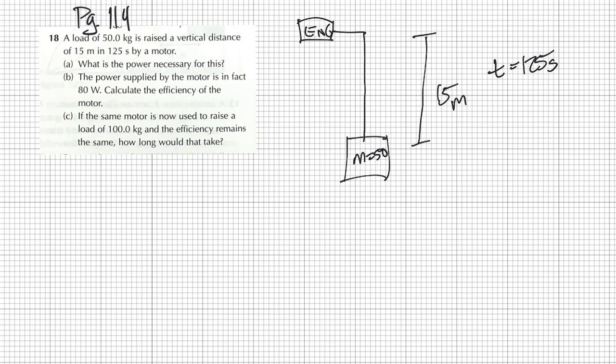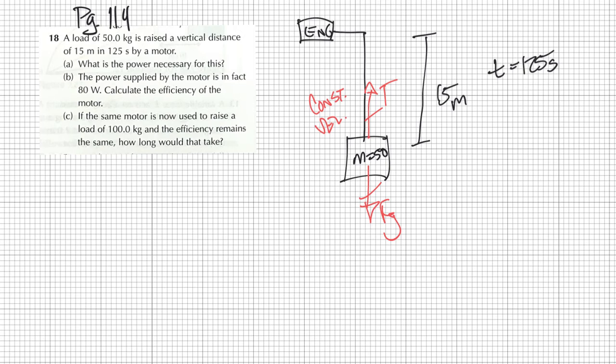Looking at this situation, we have the force of gravity downwards, and a tension force upwards. In this case, I would say it's going to move at a constant velocity, more than likely. And so that tells us that these two forces would be equal.